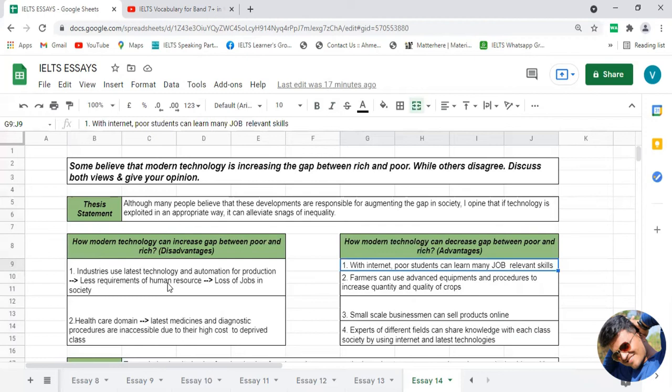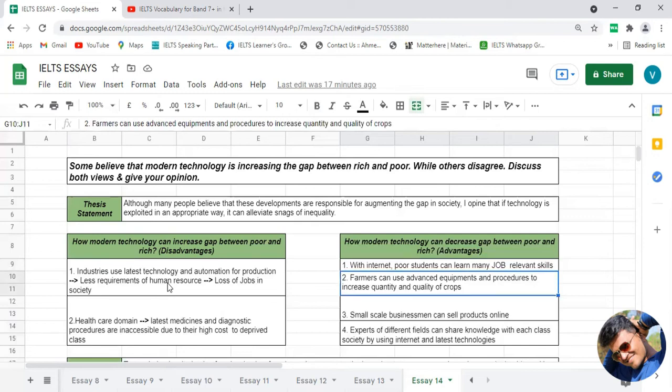And because of that, by learning those skills, they can get proper jobs and earn proper money, and in this way the gap between poor and rich can be decreased. This can be considered an advantage, and this point supports the view that by using modern technology, the gap between poor and rich can be decreased.